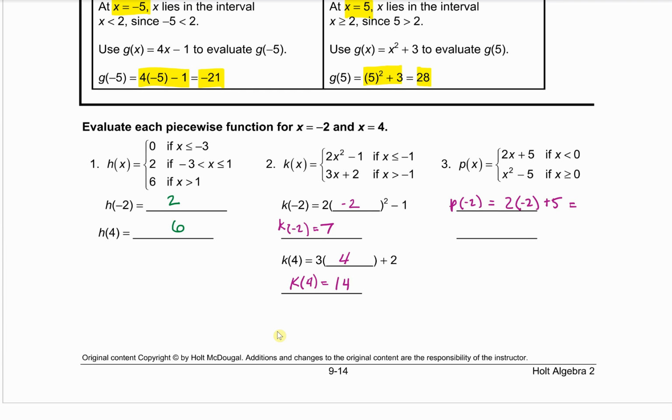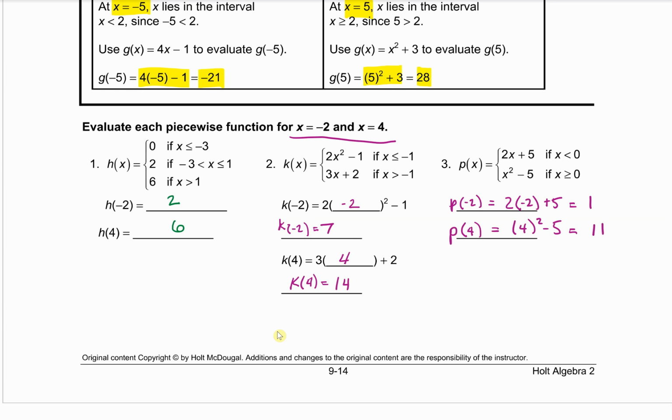That is going to be negative 4 plus 5, that's 1. P of 4, and if you're wondering where I got these from, it's right there. 4 is greater than or equal to 0, so I'm going to use 4 squared minus 5. That's 16 minus 5. That's 11.